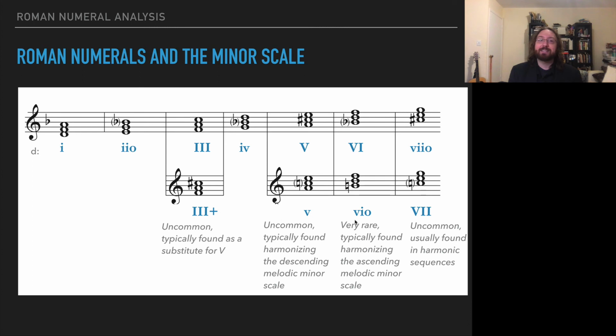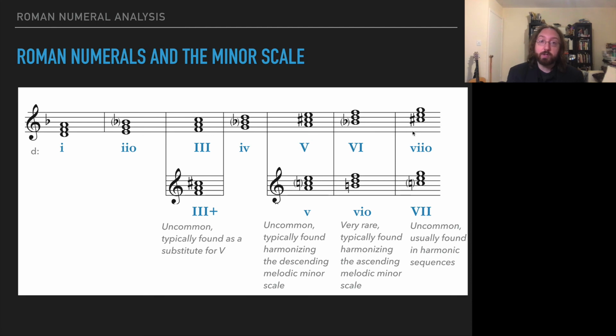Typically found harmonizing the ascending melodic minor scale, where we have scale degree 6 being raised. And it is possible to have a major VII, which is uncommon and usually found in harmonic sequences. So these bottom ones are possible, some of them less probable than others, but this top row are going to be the most common.